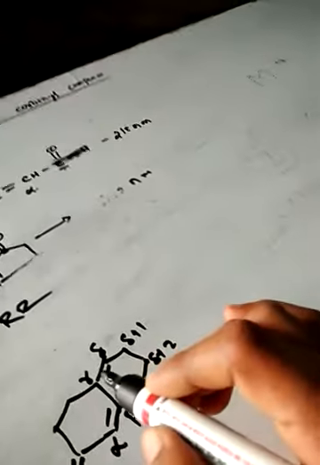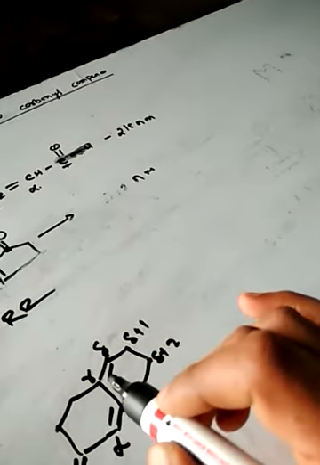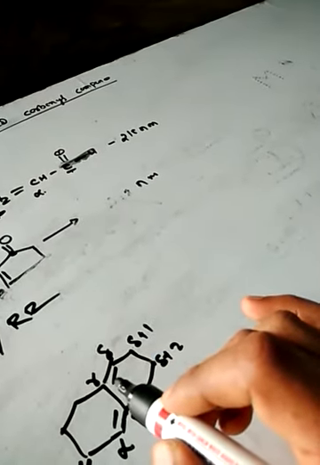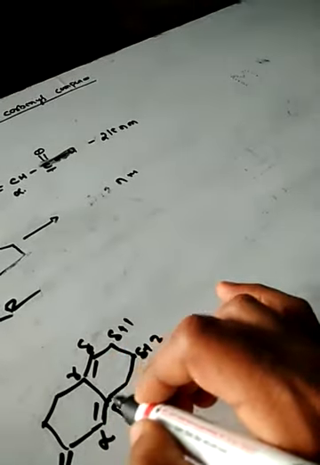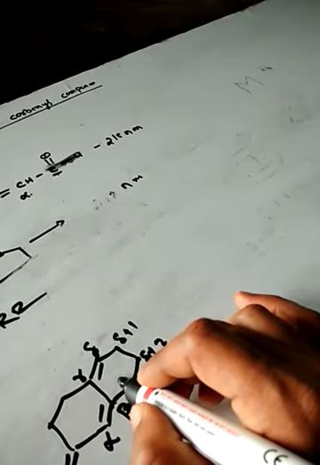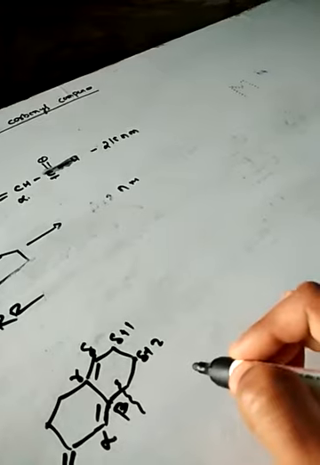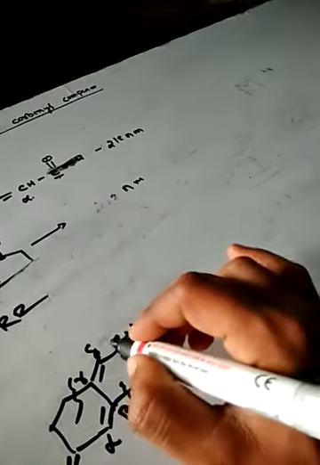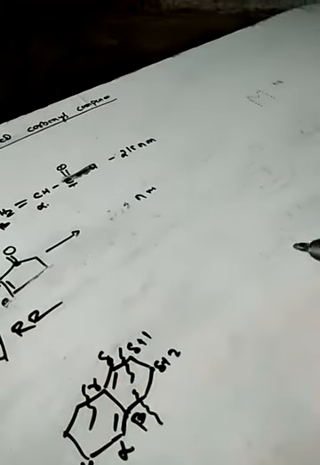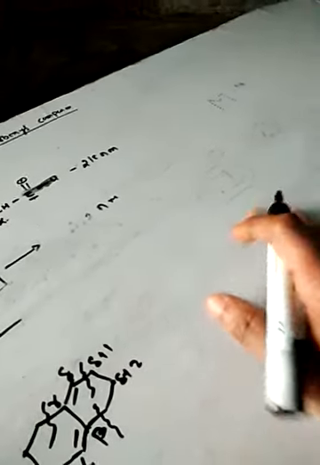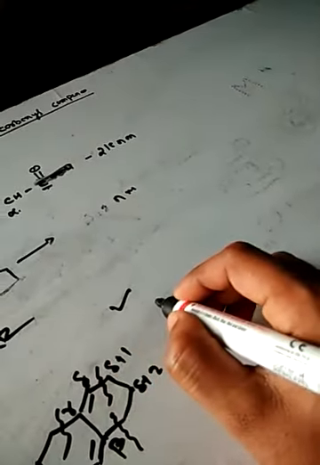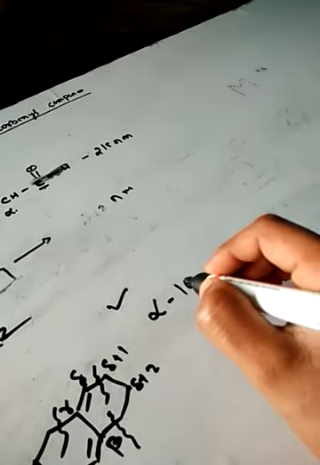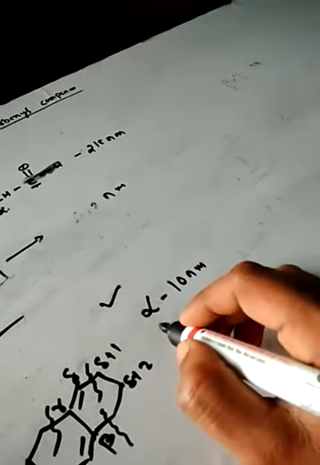Alkyl substituent or ring residue at both the positions, we have one ring residue at beta position, and one ring residue at gamma position, and one ring residue at delta position. So this is the most important part. Alpha position have 10 nanometer, one ring residue.